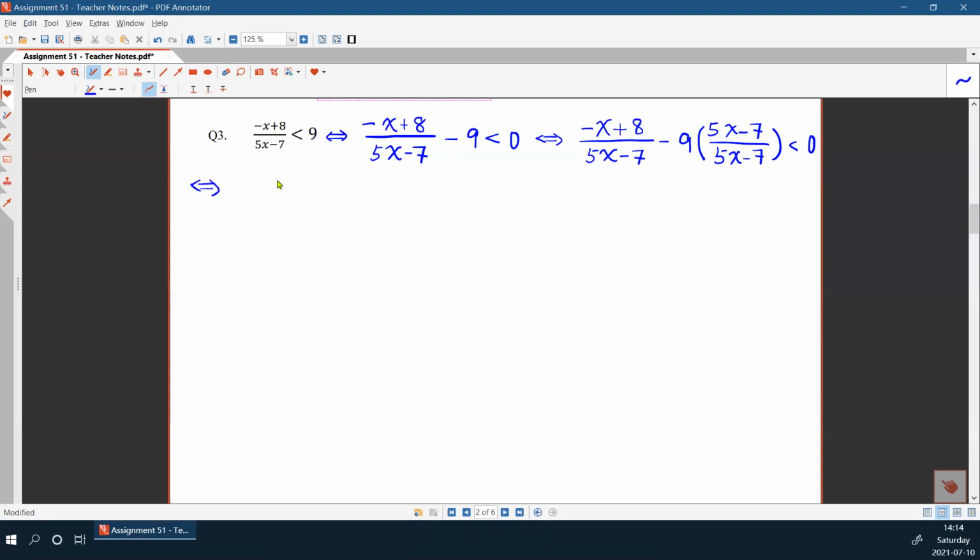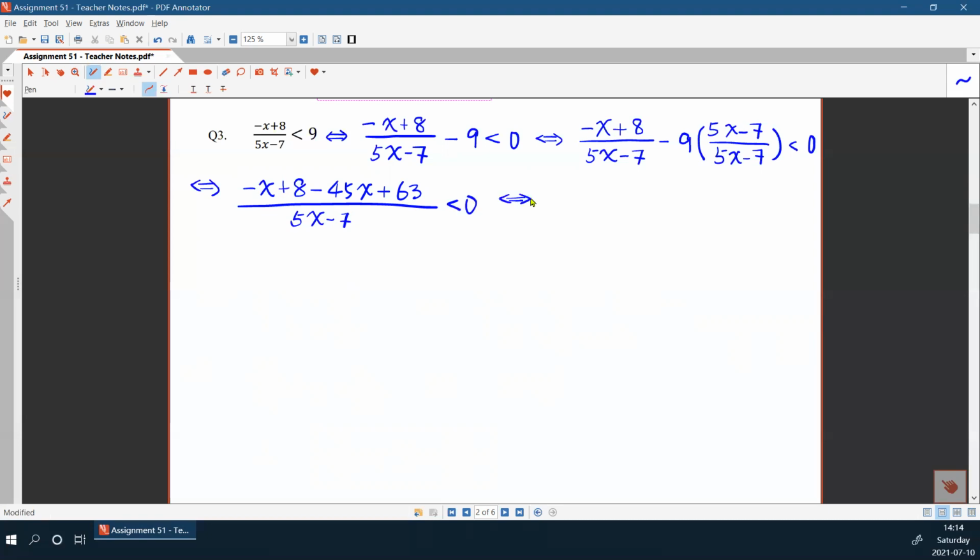And this is equivalent to minus x plus 8 minus 9 times 5x, which is 45x, and minus 9 times minus 7, which is plus 63, right? Over the common denominator, which is 5x minus 7, less than 0.